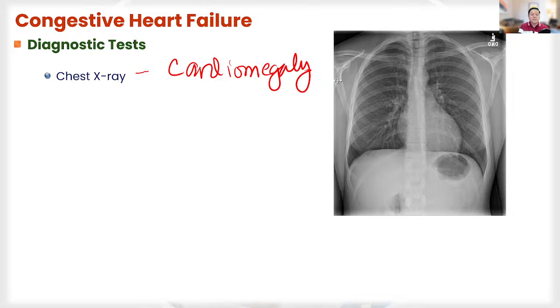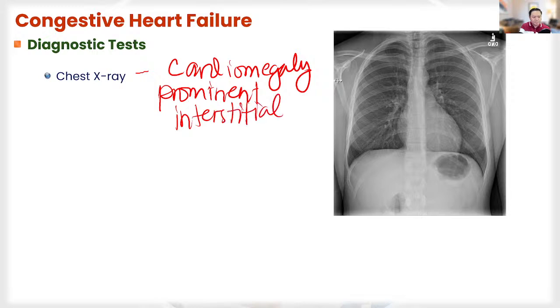Of course, another is the prominent interstitial markings. What is this? Prominent interstitial markings. This simply means that there will be some lines that you will obviously see in the X-ray, where you're actually going to see the fluid building up in the lung tissue.